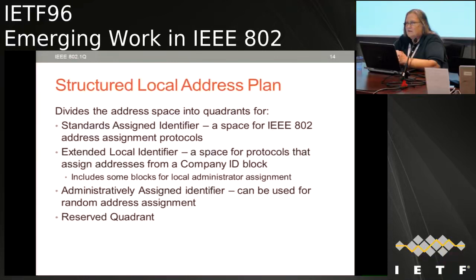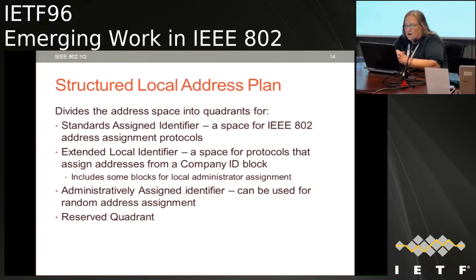It's a 24-bit identifier, like an OUI is a 24-bit identifier, but in this case, the local global bit is set to the local value. And we'll also include in that some blocks for local administrator assignment.